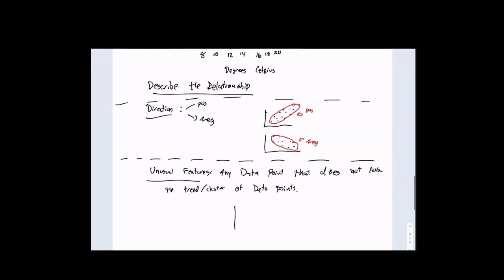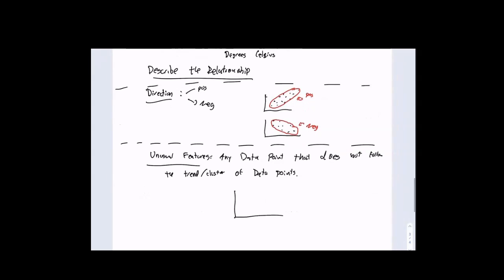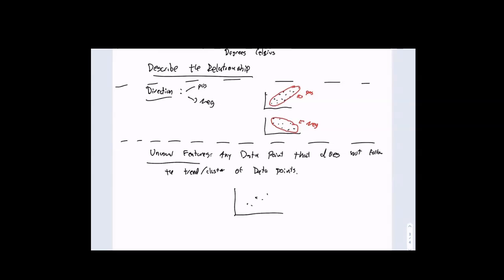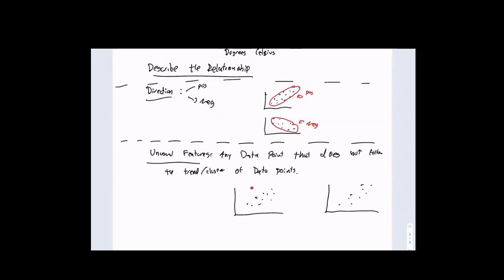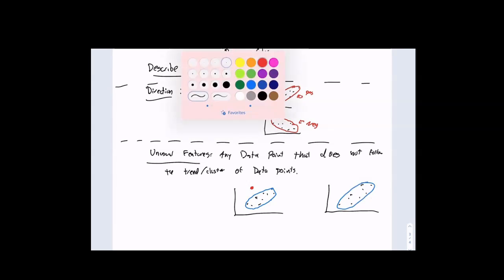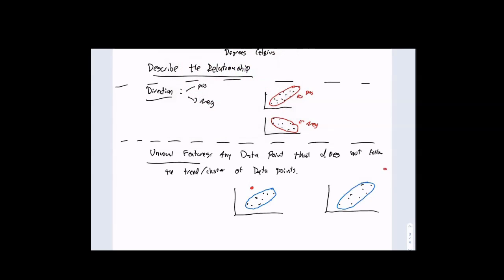When talking about this, there are technically two types of outliers. So let's say this is our data points. We can have an outlier that's completely out of the plane. So here my cluster is really right here. I don't want to include that other cluster because that data point shouldn't just shift everything. And so we can have an outlier that's like this, or we can have an outlier that's like this.